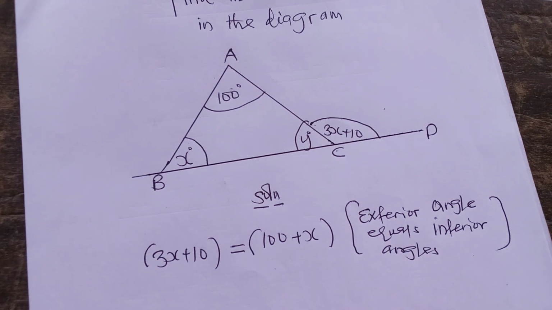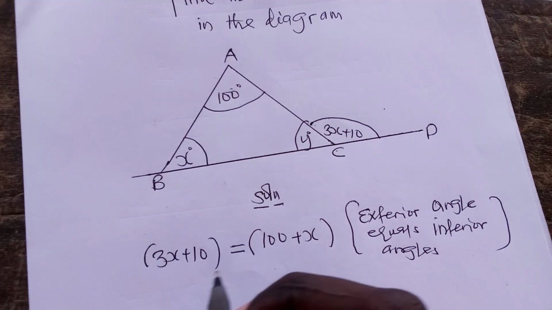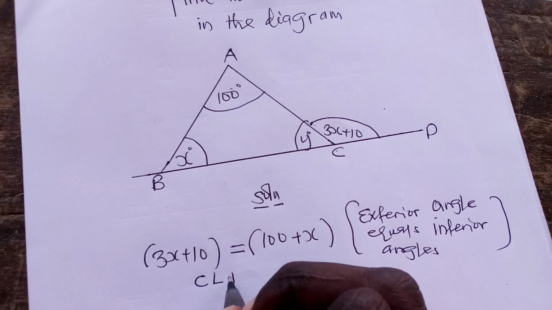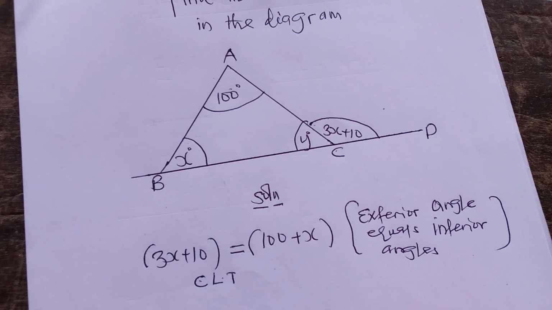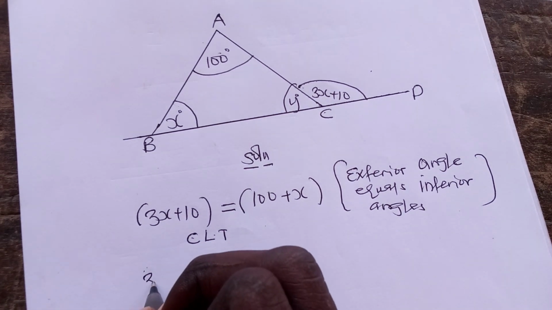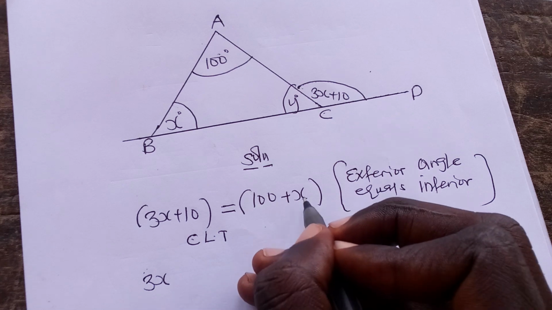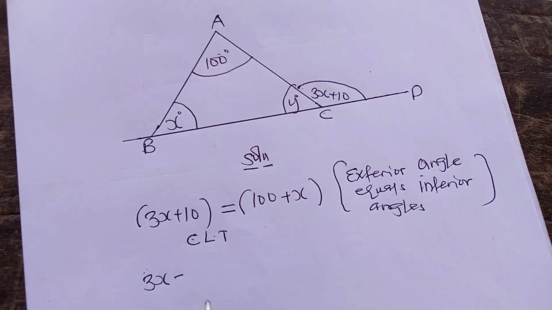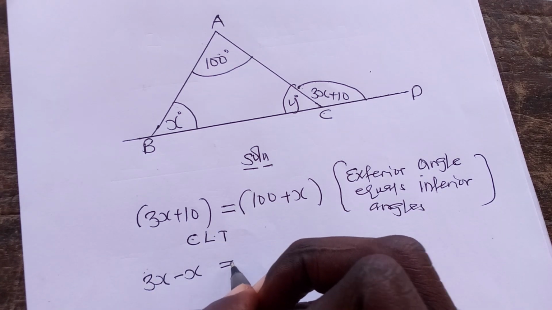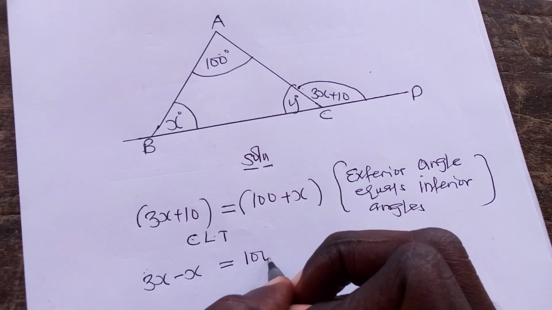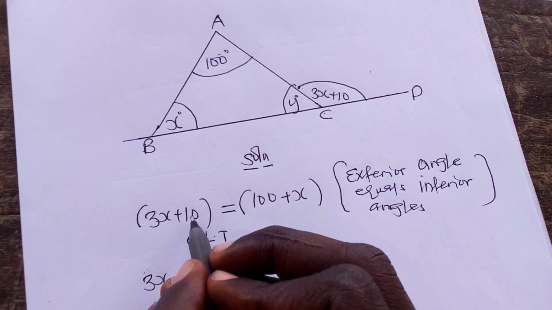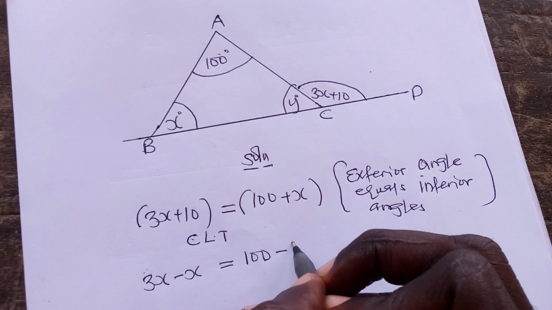Now we want to find the value of x. Automatically we just need to collect like terms. This becomes 3x, and when x moves to this side it becomes minus x, equals what remains on this side, which is just 100. The plus 10, moving to the other side, becomes minus 10.